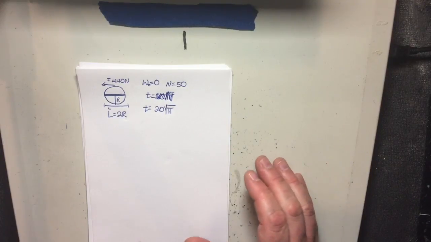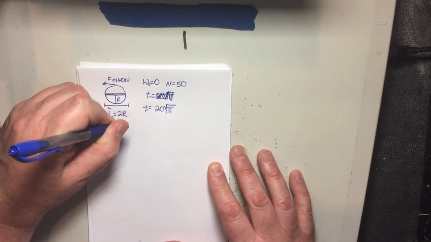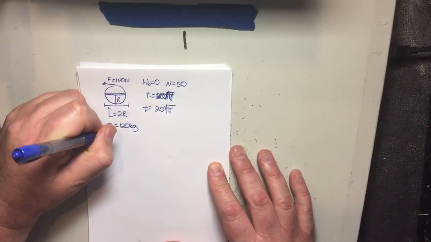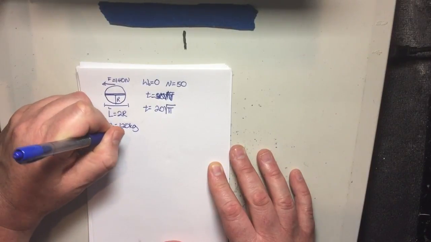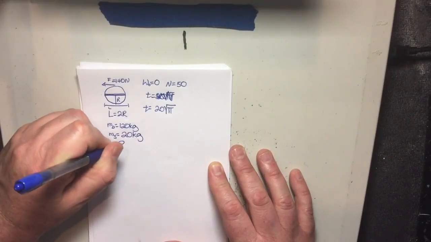If the mass of the disc is 120 kilograms and the mass of the stick is 20 kilograms, what is the value of R?